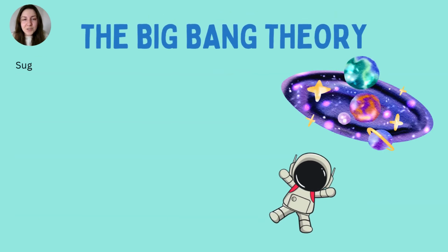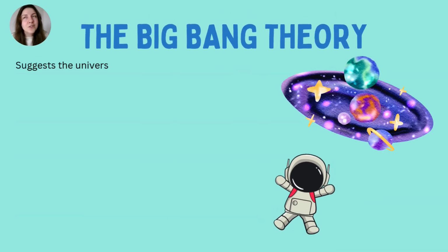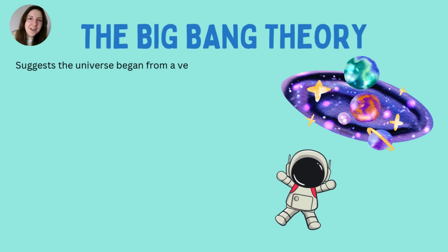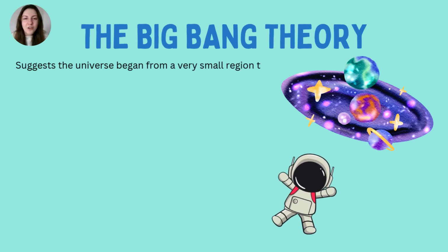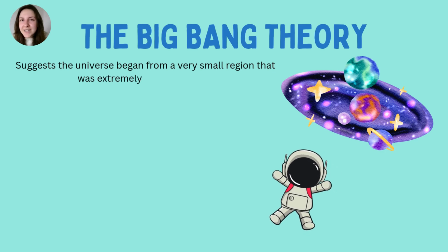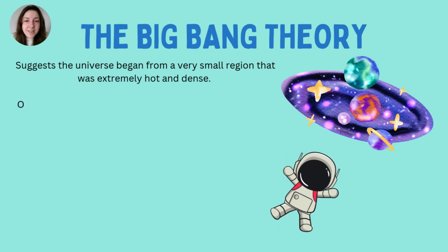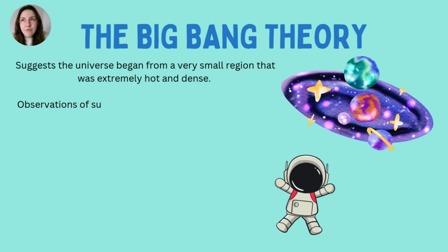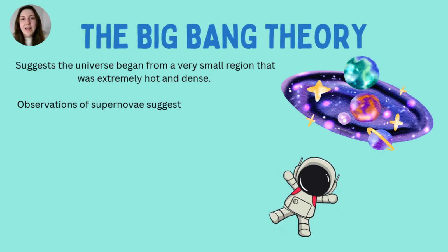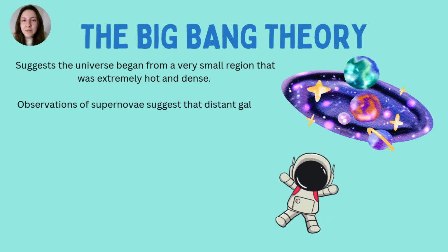So you've probably heard of the Big Bang Theory. Lots of people talk about this in everyday life here and there, like the Big Bang Theory. There's shows about it, all sorts of things. But what actually is it? So the Big Bang Theory essentially suggests that the universe began from a very small region, and it was extremely hot, extremely dense.